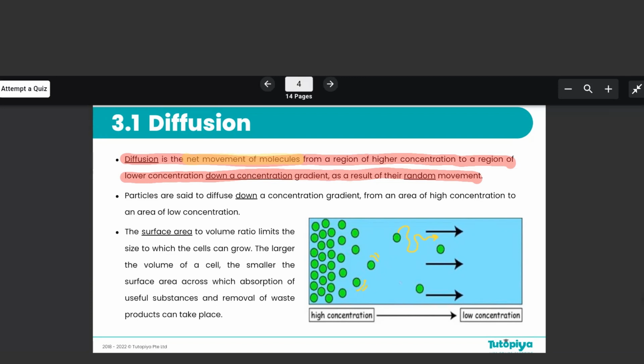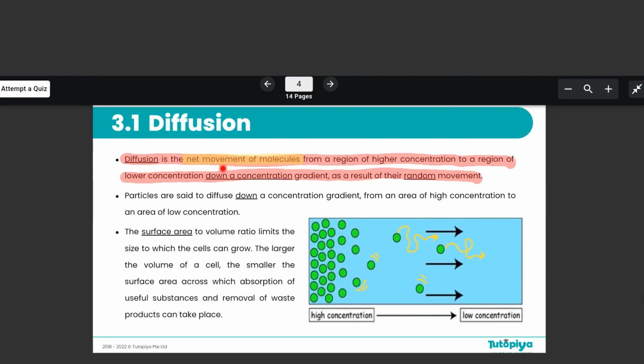Every particle is moving with the diffusion, but their movement is random. But overall, if you look at the net movement, you can see how the net movement is from this region towards this region. So it's from the region of higher concentration to the region of lower concentration. That's why we include the term net movement.